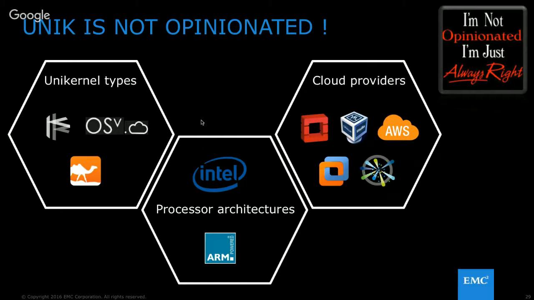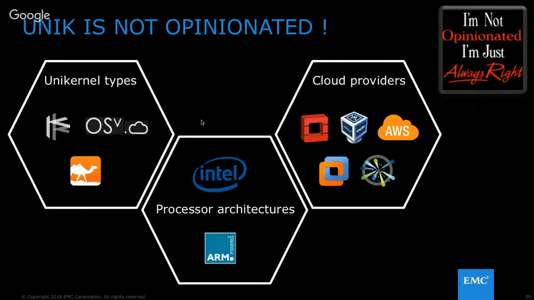You can run it on ESXi, on vCenter, and vSphere, and you can also run it on Photon. And what we're working on right now is also to run it on OpenStack. And besides that, we're also supporting the two processor architectures, the Intel one and the ARM one. And I will elaborate a little bit about why it's so important.